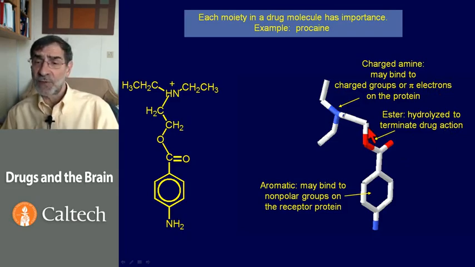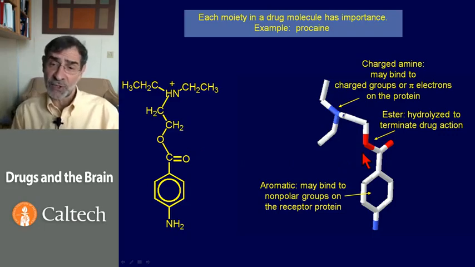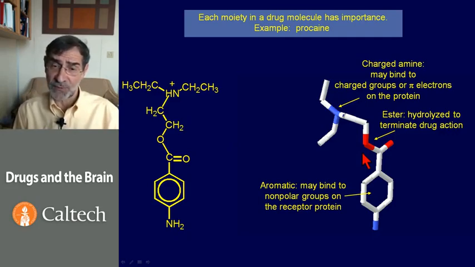This is an ester. We can see the ester moiety, the carbonyl oxygen, the ether oxygen. This ester can be hydrolyzed by enzymes in the body to rapidly terminate drug action. This is important for a local anesthetic like procaine because we want it to stop acting pretty soon.